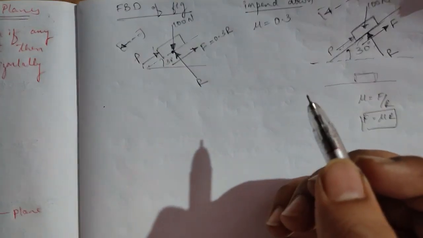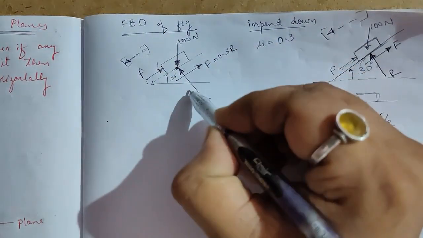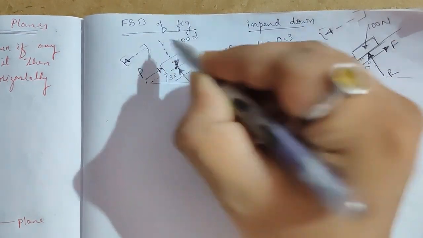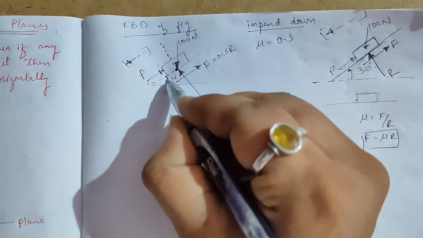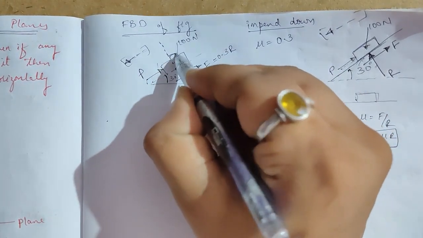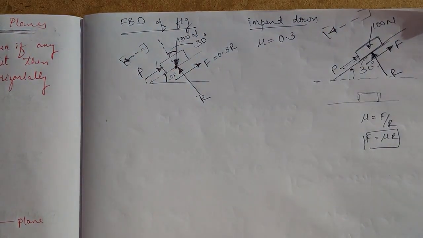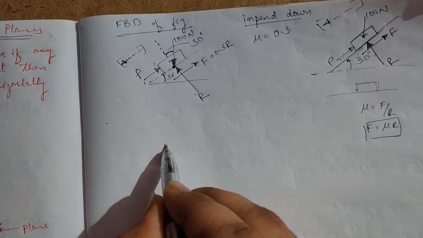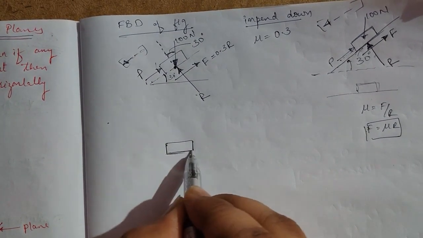Okay, before that, this R is the reaction force, right? Then this is perpendicular to this. If this angle is 30 degree, what about this angle? This angle is also 30 degree, correct? Now for understanding the first problem I am doing it very slowly.